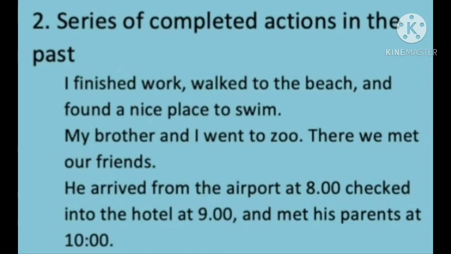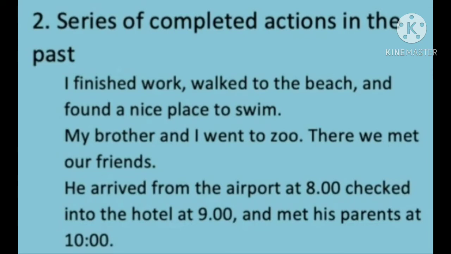There are many actions in this sentence. I finished work, finished is one action. Walked to beach, walked is the second action. And found a nice place, found is the third action. So we use simple past tense to list these series of completed actions.